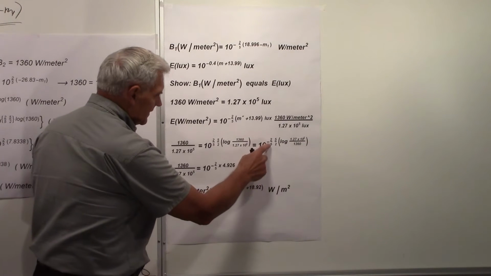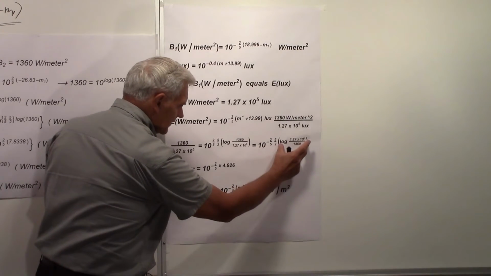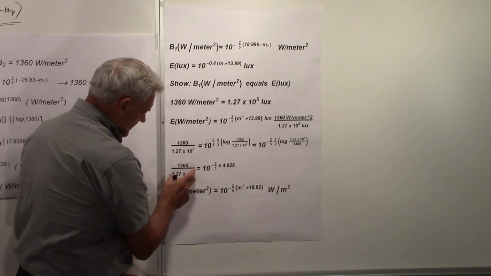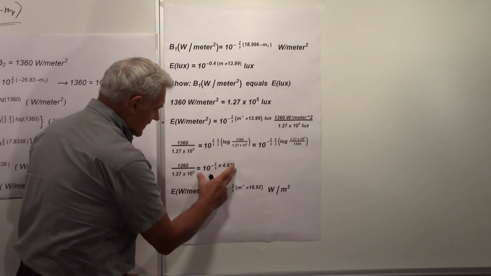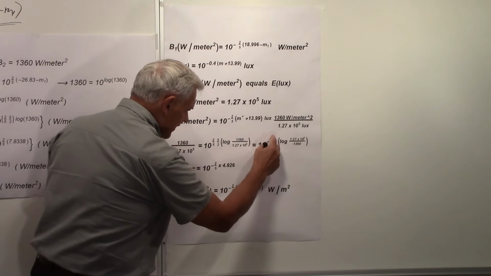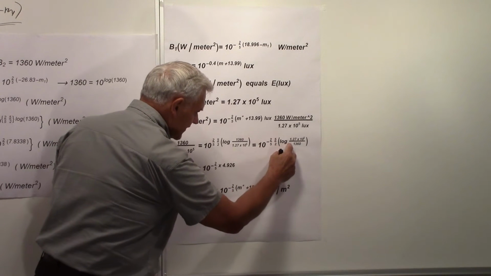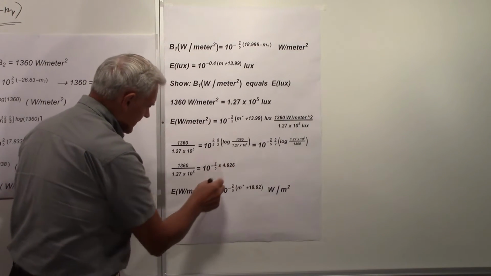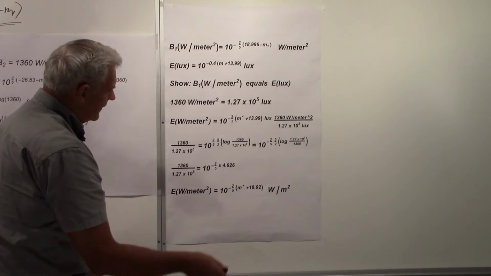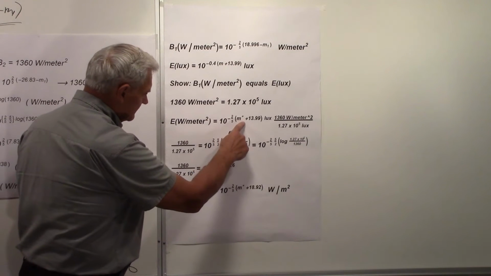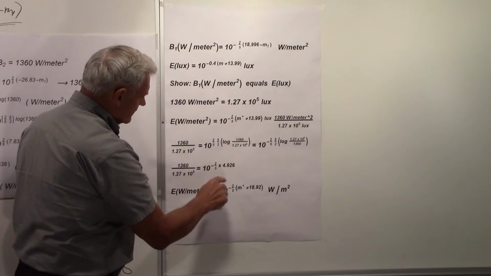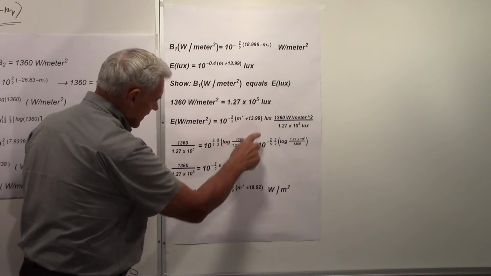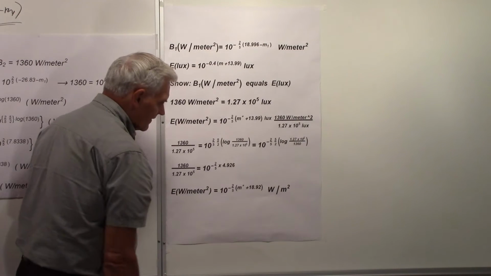So we need the minus 2/5, so what we can do is figure out what this is equal to, which is this ratio here. So it's equal to this if we just take the 5/2 times the log of the ratio of these two numbers. We get that. So what we can do now is put that into here. And so we're going to be adding the 4.926 to the 13.99, and we get this expression right here.